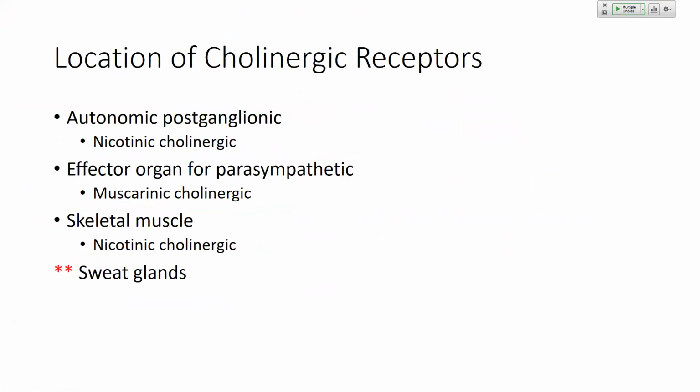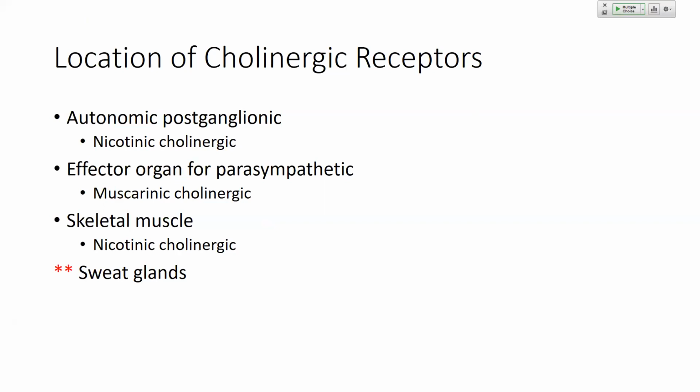So on the effector tissue, specifically for the parasympathetic side, why don't we see cholinergic receptors on the effector organs of the sympathetic nervous system? Why don't we see muscarinic cholinergic receptors on the effector organs of the sympathetic division?